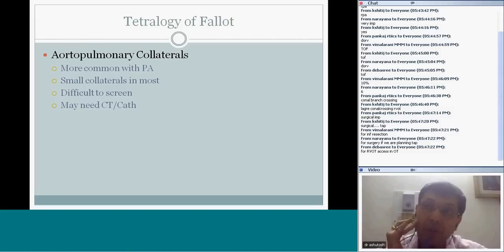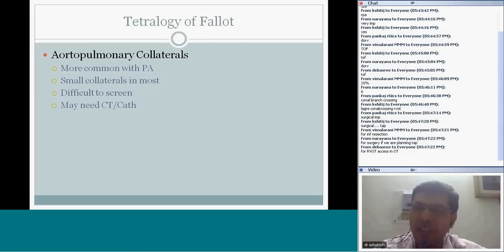And if the patient has severe polycythemia, you may not get good flow in the collaterals, even if they are there from the aorta, despite adequate imaging. So deeply cyanotic patients may sometimes require an additional imaging modality in the form of cardiac CT or cardiac catheterization.